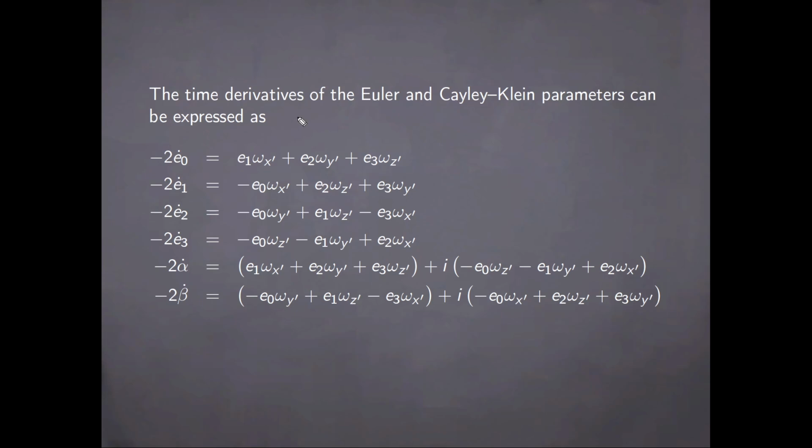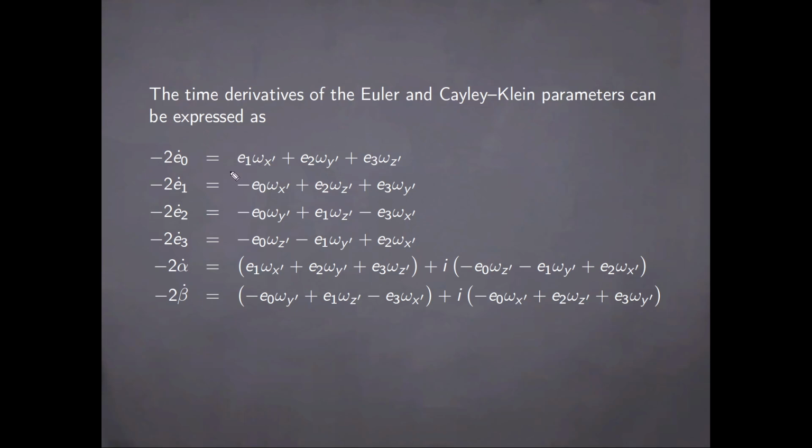Furthermore, knowing how to write the angular velocity in different coordinate systems allows us to study the time derivatives of the Euler and Cayley-Klein parameters as follows. If we go back to the expressions of the Euler parameters, we can take e0, its derivative with respect to time, and then try to eliminate the time derivatives of the Euler angles in favor of components of the instantaneous angular velocity, let's say written in the body set of axes, and try to recover the expressions of the Euler parameters as well.